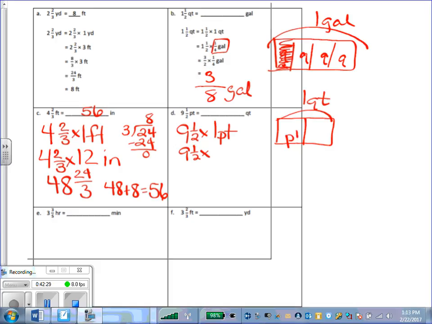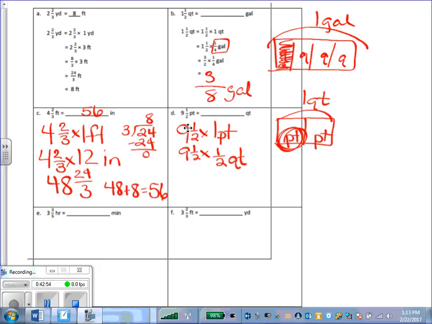This is a pint. So if I only have 1 pint, what fraction of the quart do I get? 1/2 of the quart is what I have.